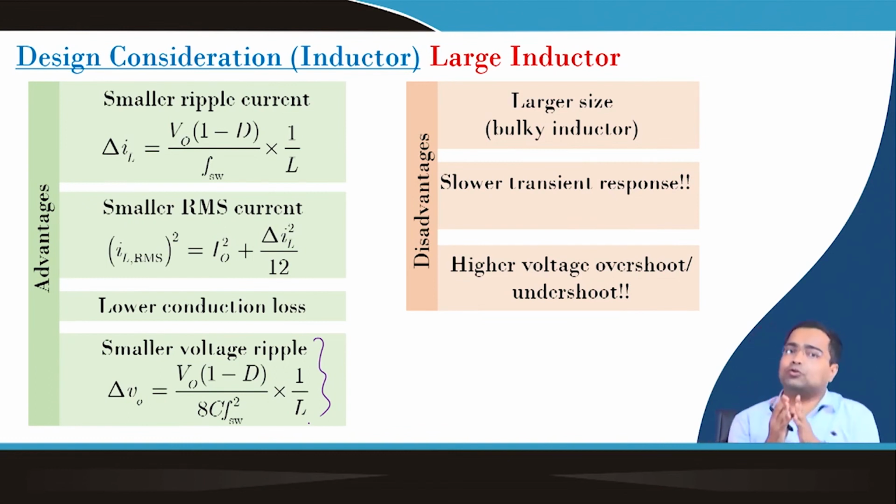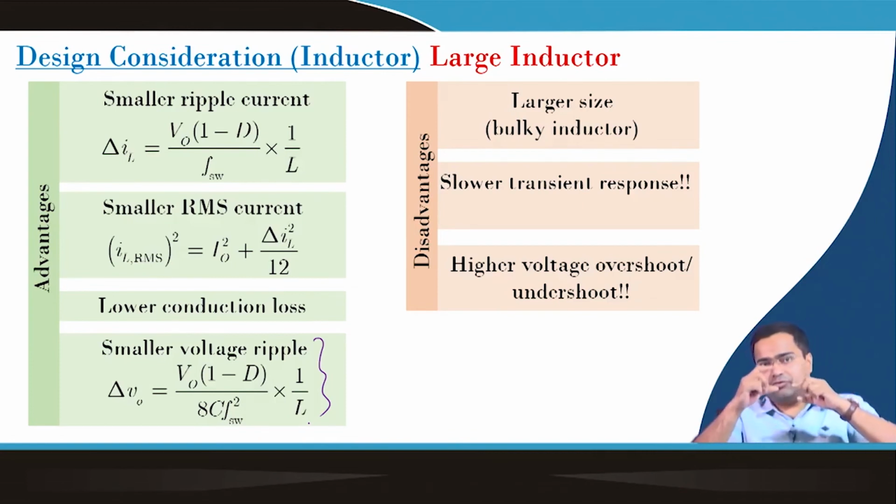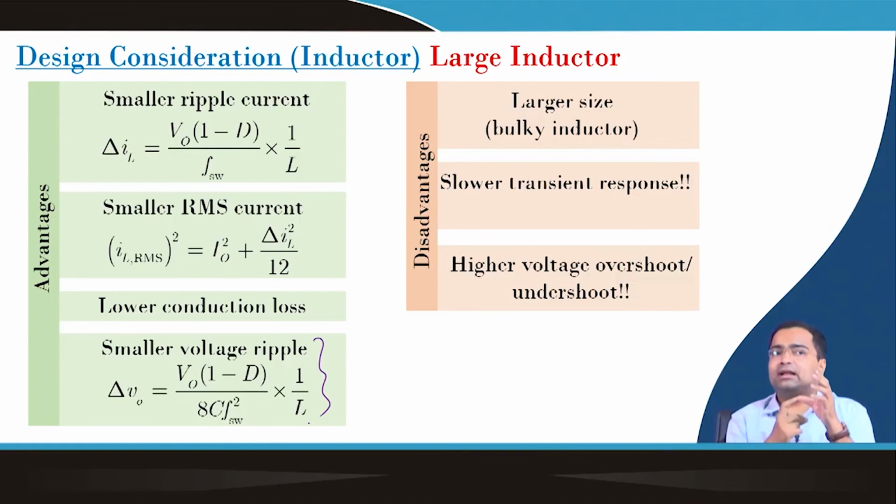Even with closed loop control, the relative reduction in undershoot using a smaller inductor remains the same. That means, using closed loop, you can reduce the output voltage undershoot by using a smaller inductor.